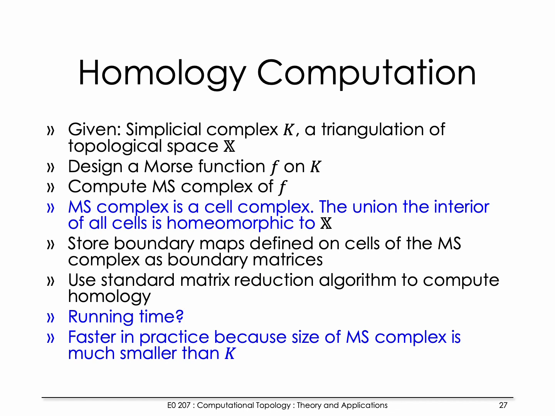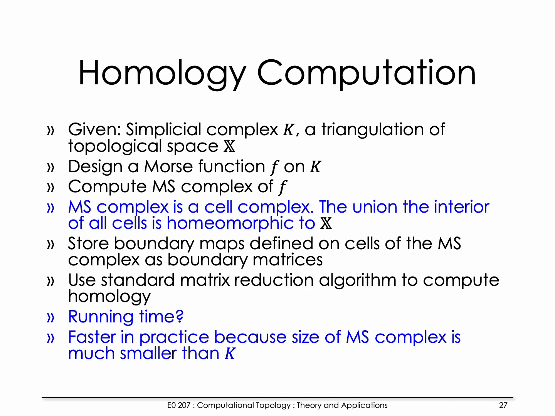In the next step of the algorithm, we store the boundary maps, but now of the cells of the Morse-Smale complex, right? So the two-dimensional cells have boundaries which are arcs. The one-dimensional arcs have boundaries which are nodes, and so on. So this boundary map can be stored in the form of a boundary matrix, right?